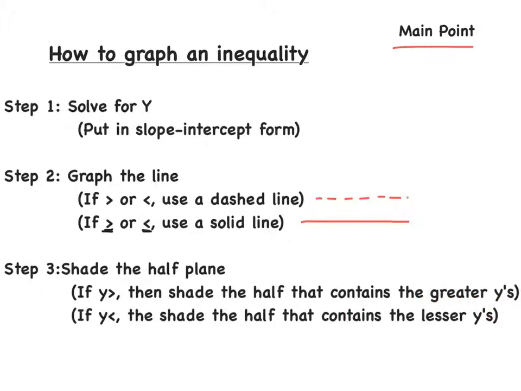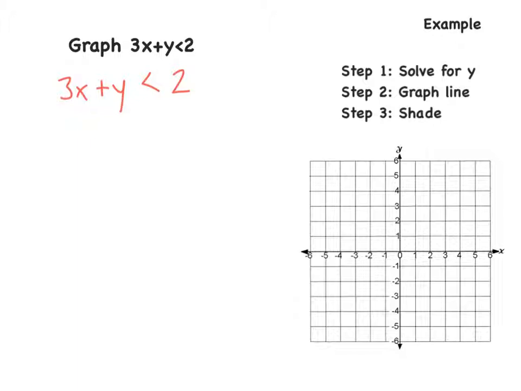In the examples, I'll go through that a little bit more. If it's y is less than whatever it is, then shade the half that contains the lesser y's. Again, I'll show you in the example. So please make sure that you write this word for word. Write everything down.